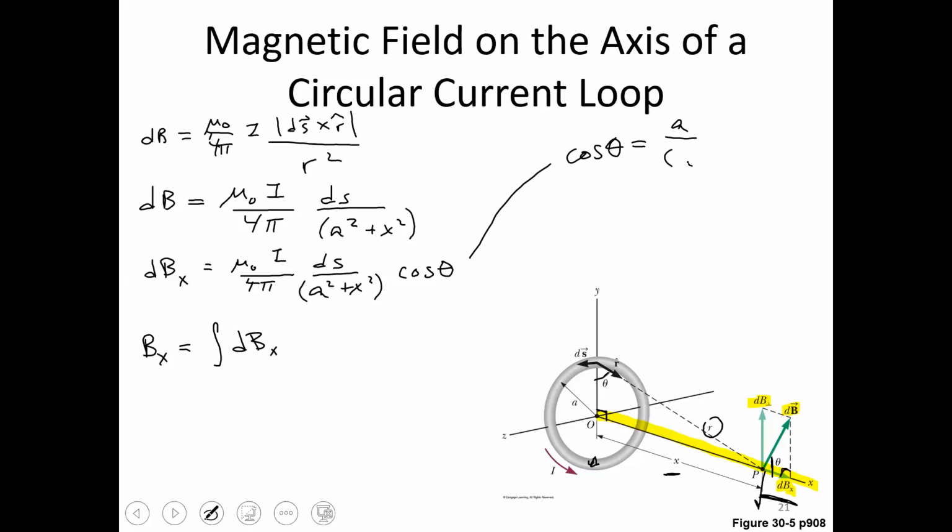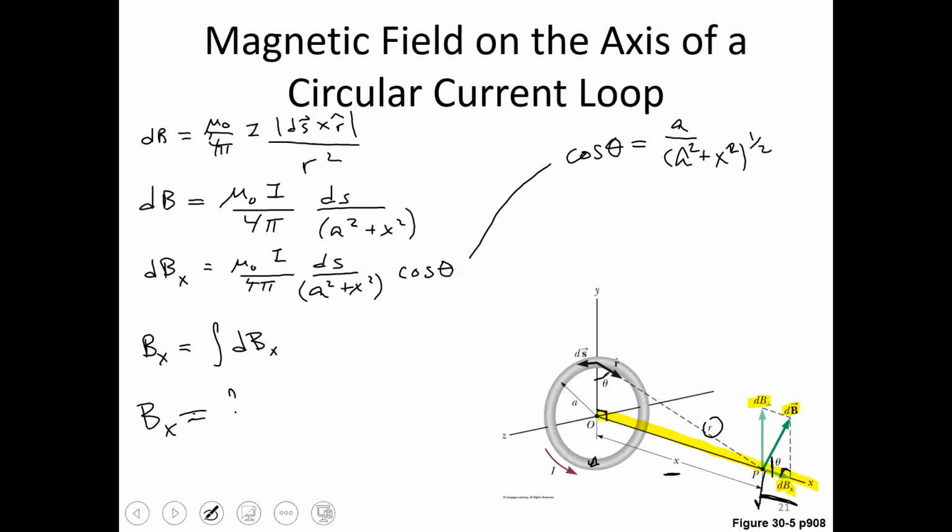And remember, my hypotenuse is just going to be a squared plus x squared, and then I'm going to take the square root of that, right? So that is my adjacent side over my hypotenuse. So I'm going to substitute that in this integral.